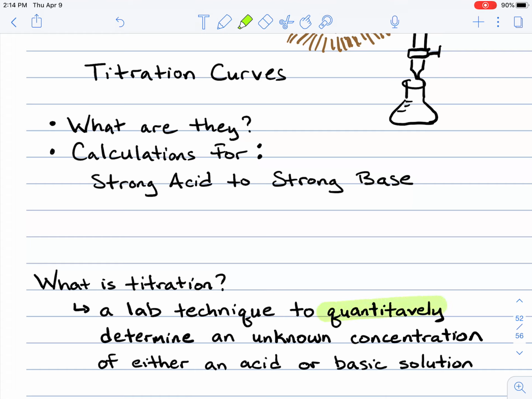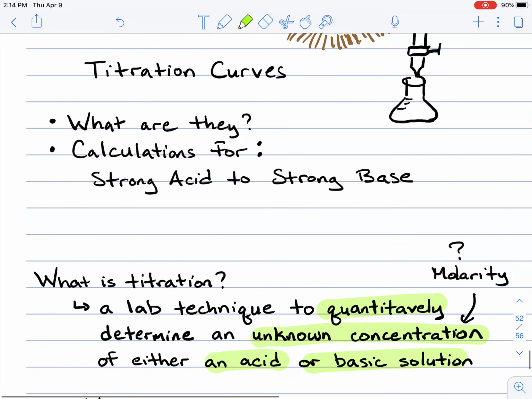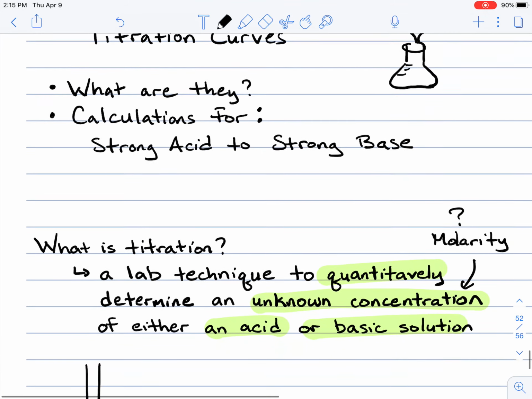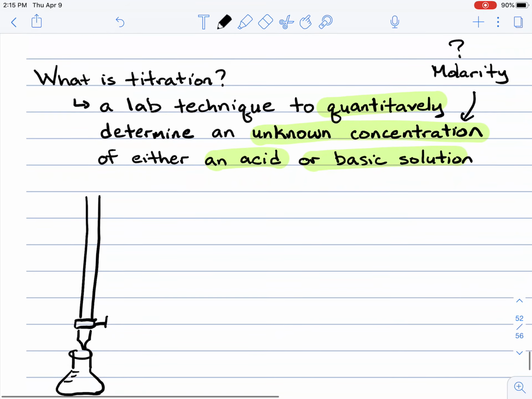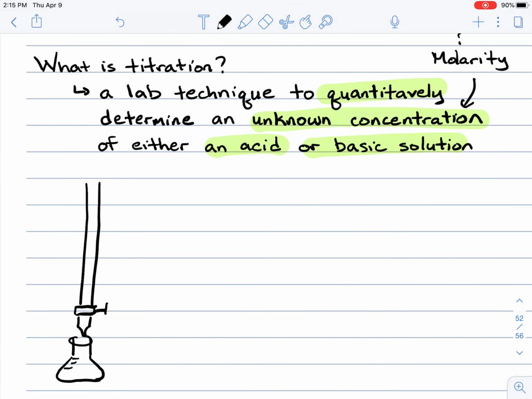We want to quantify the concentration, which is typically in molarity units, of an unknown acidic solution or unknown basic solution. So that's the main point of titration. Hopefully you guys have performed titrations in first semester general chemistry. Titration is something that is commonly done in a first year general chemistry course.